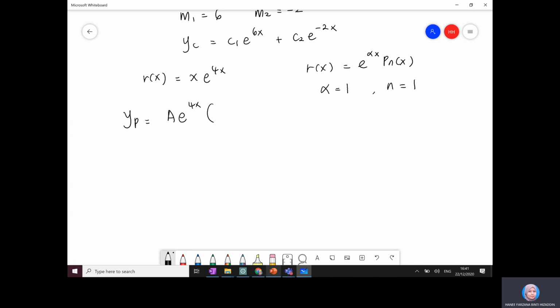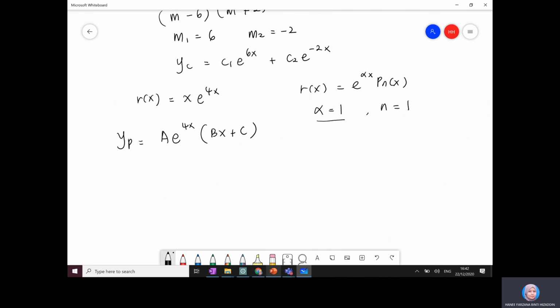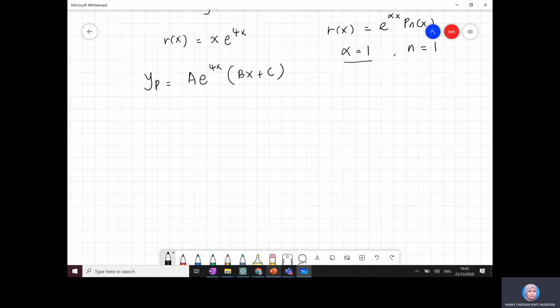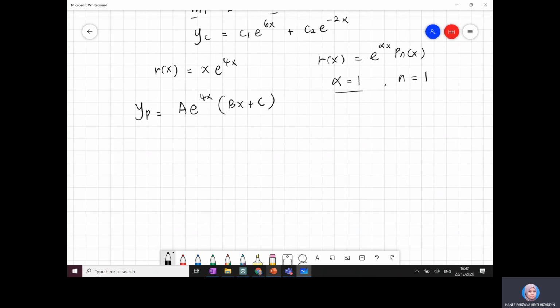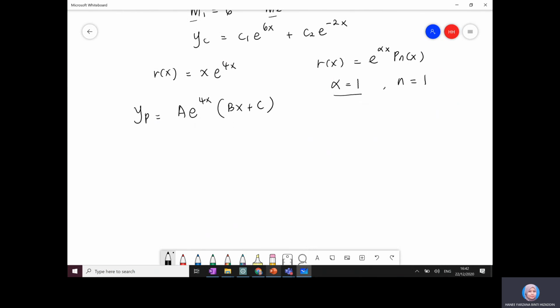So we don't put A because we already got A in front. Bx plus C. Okay, and since your alpha is equal to 1, it's not equal to any of the m here, so lucky. So we just say that yc and yp are linearly independent, so no treatment needed.